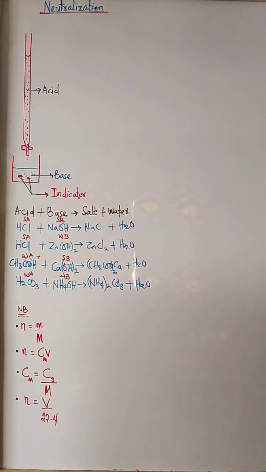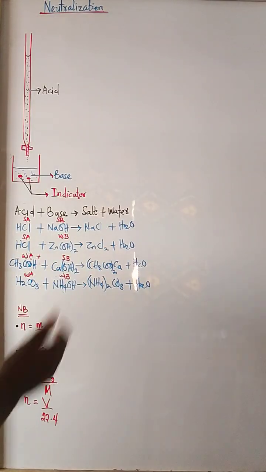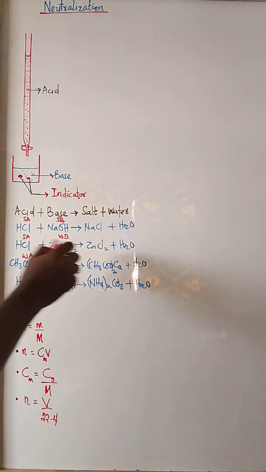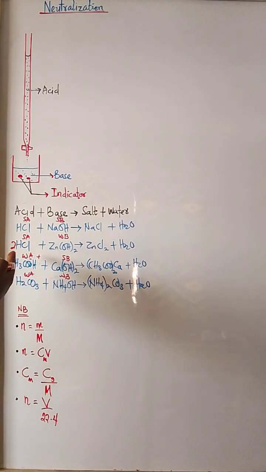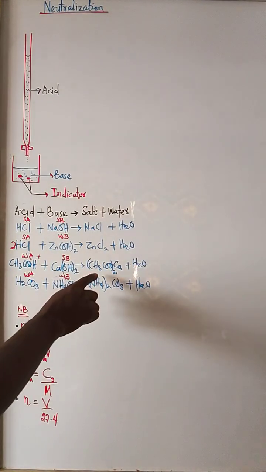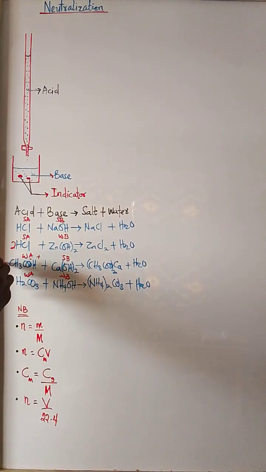So let's see if the equations are balanced. In this case, we have 2 chlorine here, so we have to put 2 here to balance chlorine. And zinc is 1, so it's balanced that way. For the next one, we're having 2 of these, so we put 2 here.